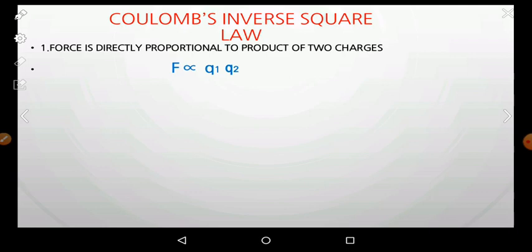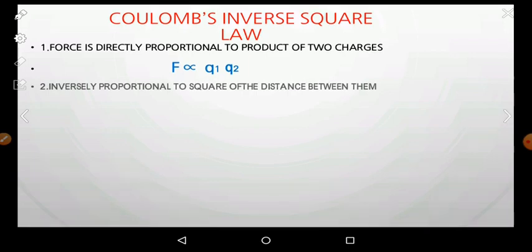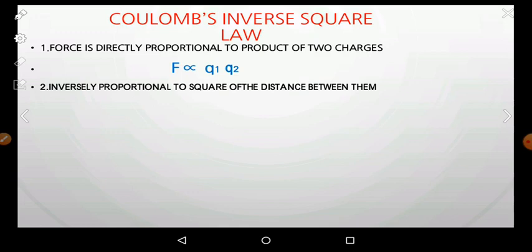This is the first factor, and the second factor is distance. It is inversely proportional to the square of the distance, not simply distance. Mathematically we represent this as force directly proportional to 1 by r square.